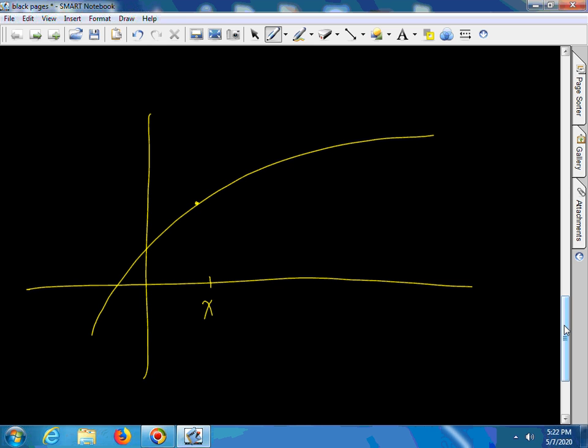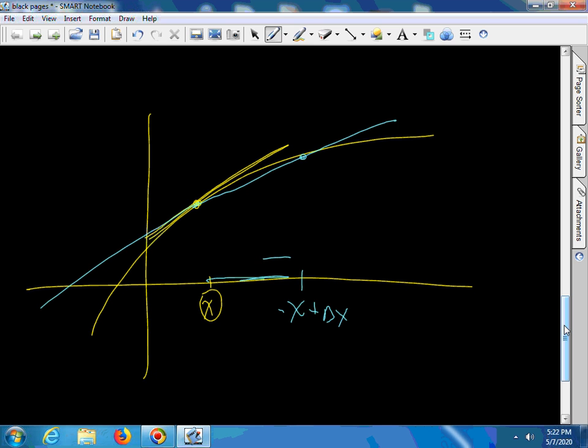Approximate the slope of the tangent line at an arbitrary x, the slope of this line, with the slope of the secant line. And then let delta x get smaller, smaller, and smaller. Instead of using this point, let's use that point. Now, this secant line is a little bit closer to the actual slope than this one.